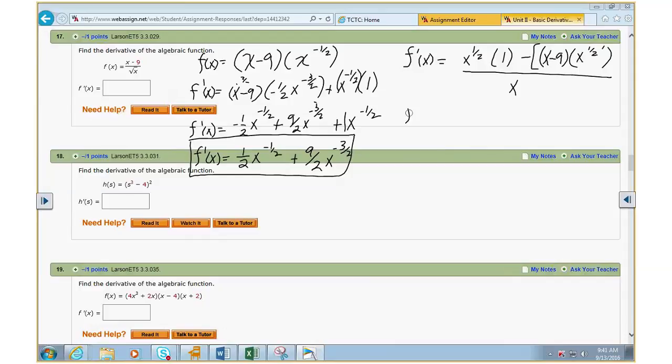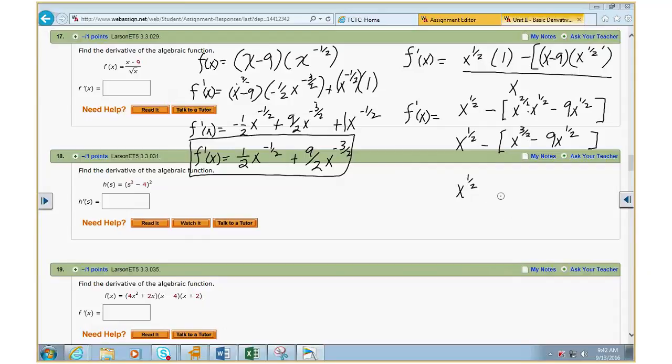So f prime of x is equal to x to the 1/2 minus, well, I'm going to keep this in brackets for right now, x to the 2/2 times x to the 1/2 minus 9x to the 1/2. And that's x to the 1/2 minus brackets. That's x to the 1/2, that's 3/2, minus 9x to the 1/2. And that's x to the 1/2.